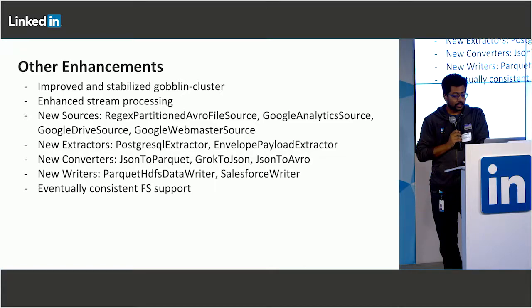We have new sources for Google Analytics, Google Drive, Google Webmaster, new extractors for Postgres, new converters like JSON to Parquet and so on, new writers for Parquet, Salesforce, and also another interesting contribution from externally in the community has been great support for eventually consistent file systems like S3 and others.